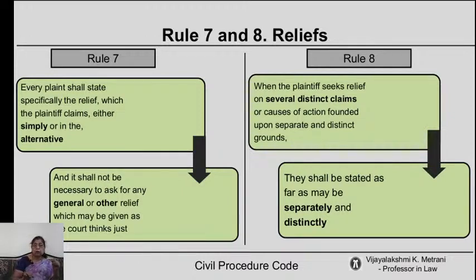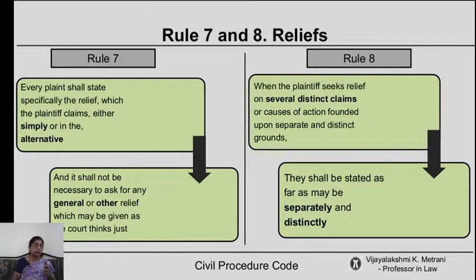Now, when we ask for a relief, there are several other things which the court will give. It is not that the court will stop there. Suppose the court thinks that he should be given some more reliefs, or he should be given some other reliefs also. The court has the power to decide and give him the relief.